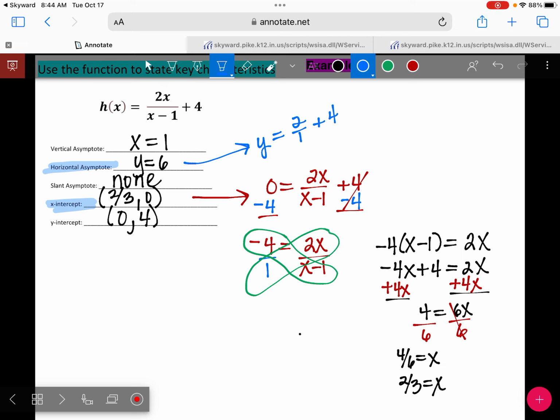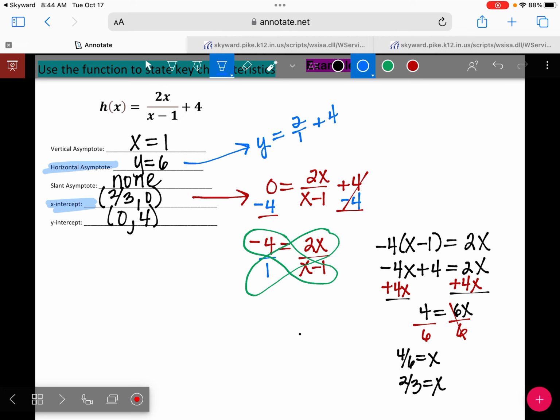Okay. Or 4 out of 5. That's not bad. Which one did we miss? How do you know horizontal and x-intercept? Horizontal and x-intercept. Yeah. Oh, yeah, those two are tricky.